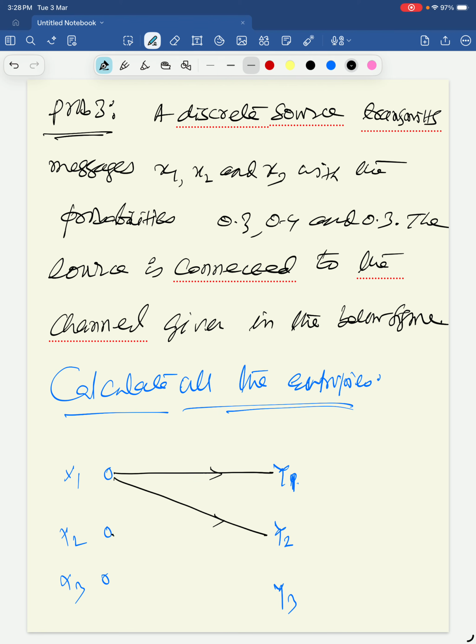This is directly connected, and this is connected to this and this. Now we'll tell the probability: 0.8, this is 0.2, this is 1, and this is 0.3 and this is 0.7. So this figure is the given figure.